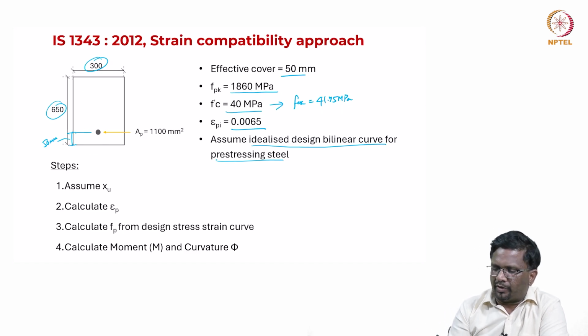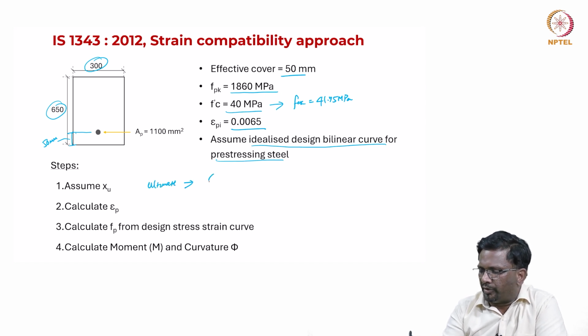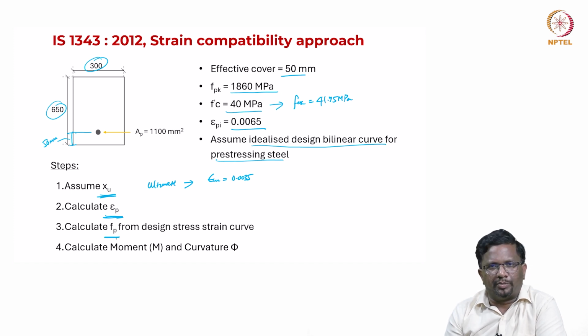So, what are the steps involved? Again, we are doing the calculation at ultimate. At ultimate, epsilon Cu is fixed at 0.0035, but I do not know epsilon Pu. To calculate epsilon Pu, first I have to assume the value of Xu, then calculate epsilon P, and from the design stress strain curve I get Fp.